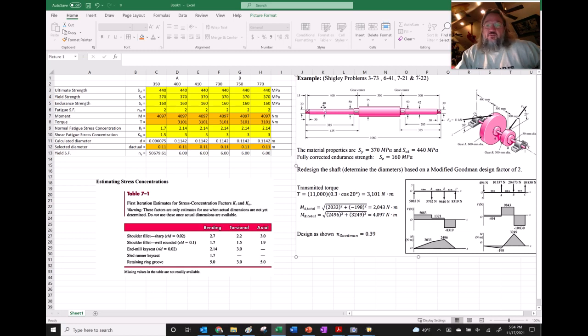No, it should be 385 minus 15. What does 385 minus 15? Should be 370, right? Yes. That's why I should have done the thing automated. But anyway.